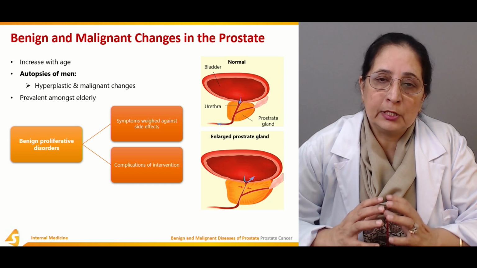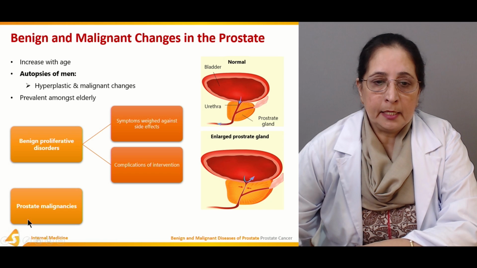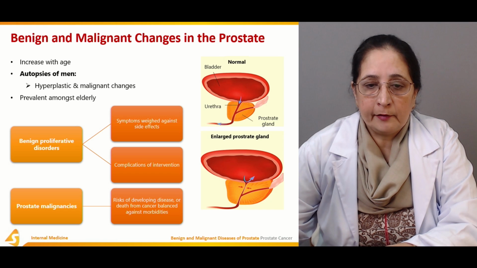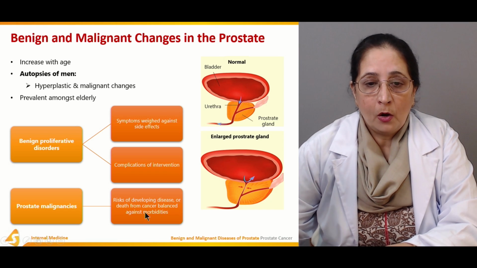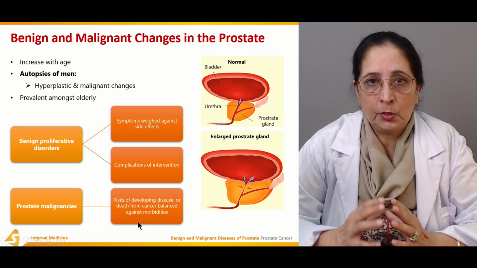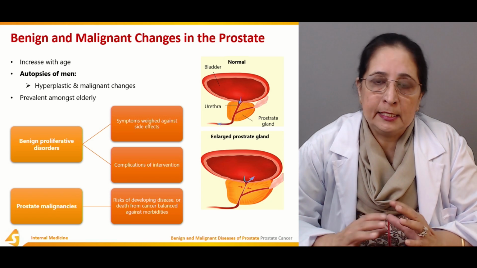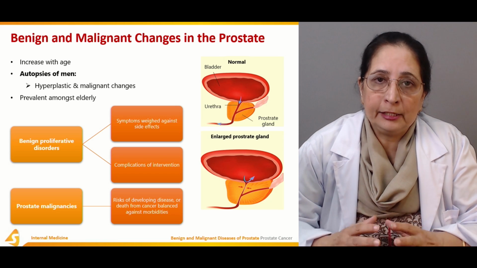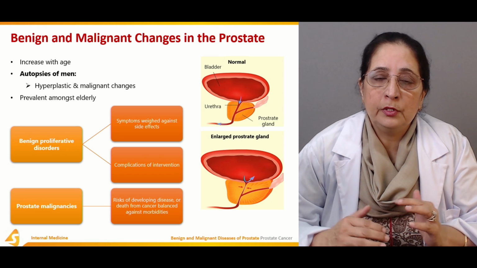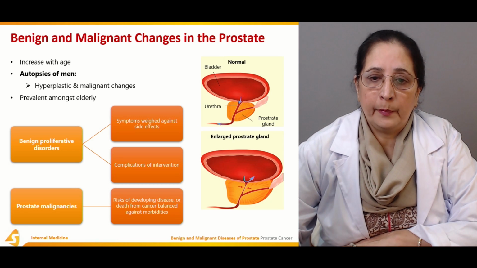With prostate malignancies, the risk of developing disease or death from cancer is balanced against different morbidities. So both factors, whether it will lead to development of the disease or cause the death of the patient with prostatic cancer, vary according to different morbidities.